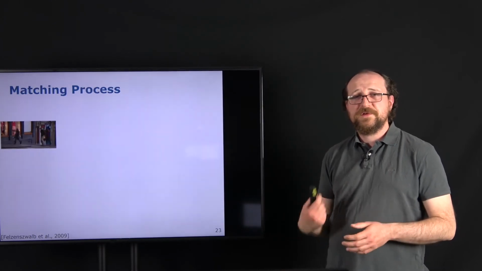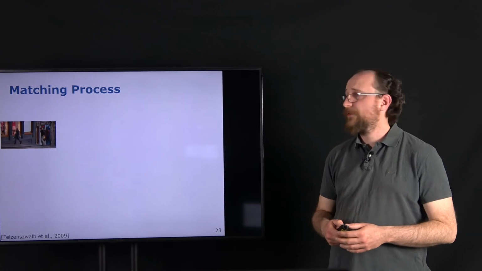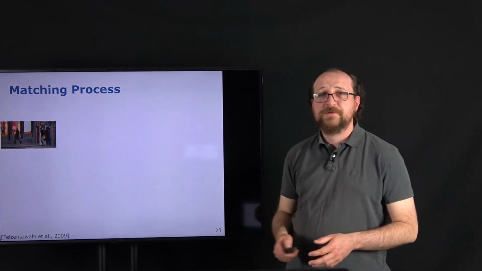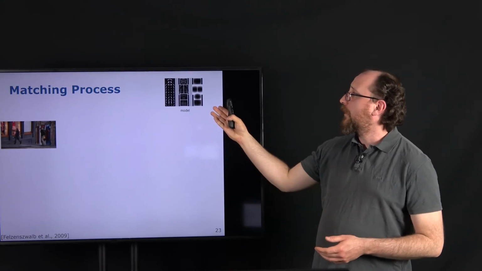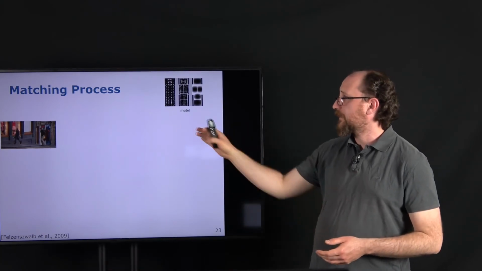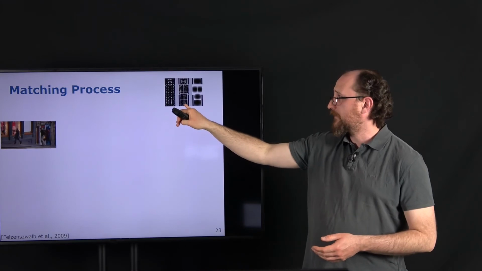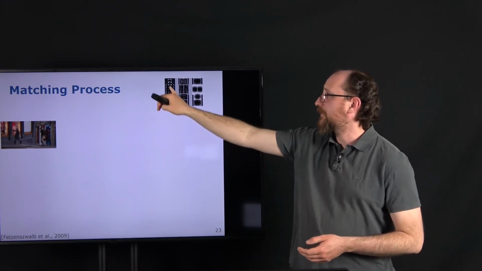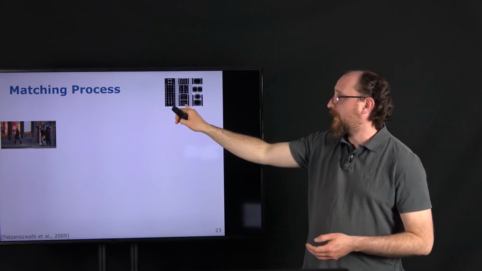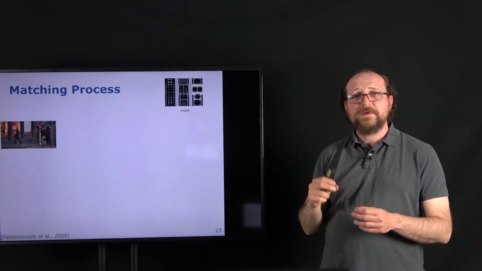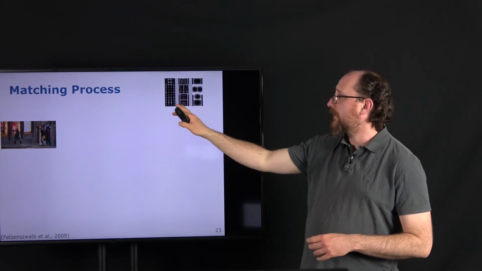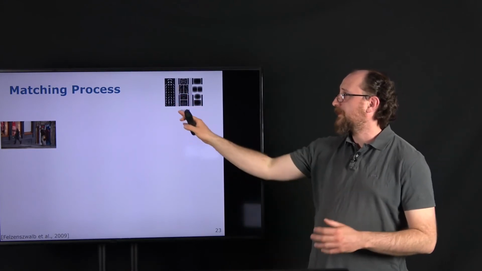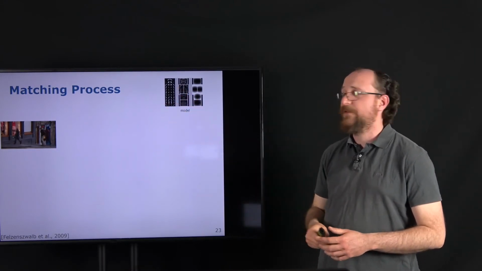And the matching process was working as follows. Here we have this image of two pedestrians, and then we have our model of a person. Here you can see the root filters, but also the part filters. As you can already see from the HOG descriptors, the part filters are very fine-grained. So they capture the shape of the object much better than the coarser root filters.